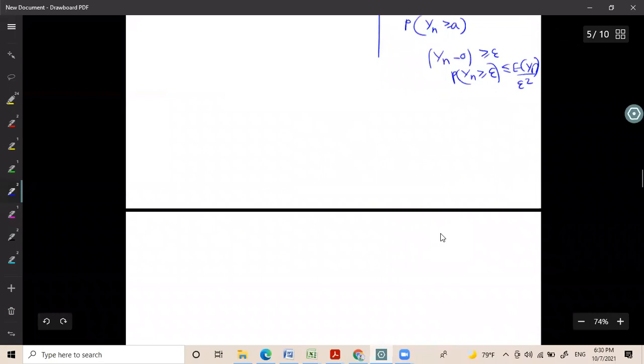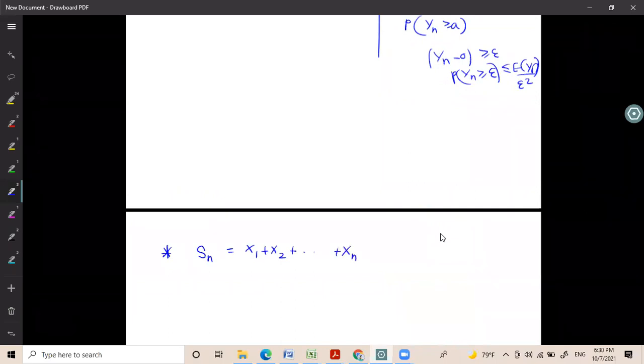Before we do the next question, I will give you some information. You already know these things, but just to recall. Suppose your Sn means the sum of X1, X2 up to Xn. Sometimes we use Tn, that's for total, or sometimes Sn for the sum.